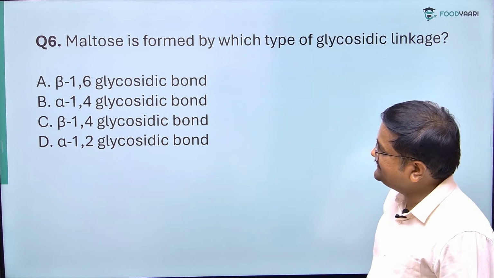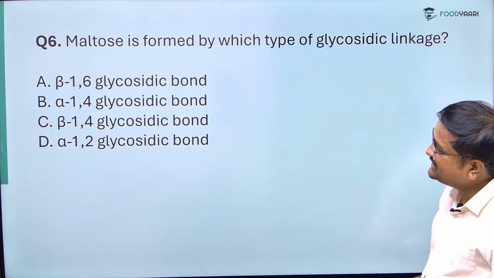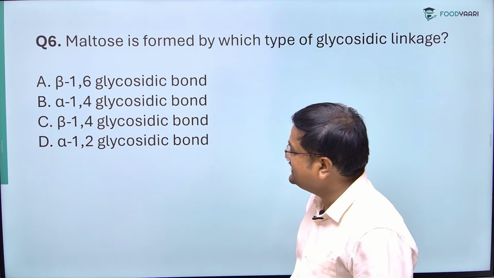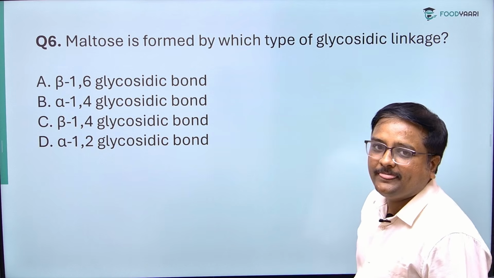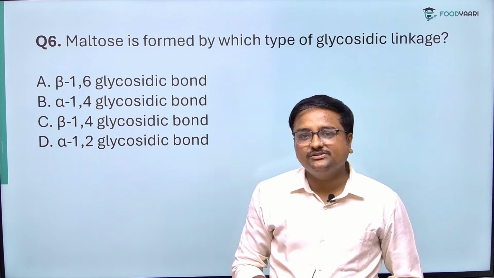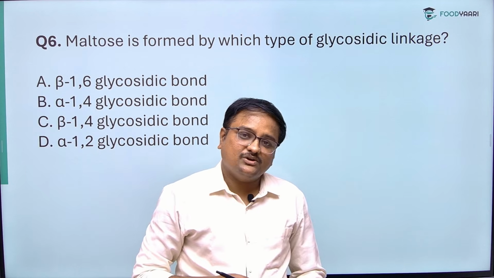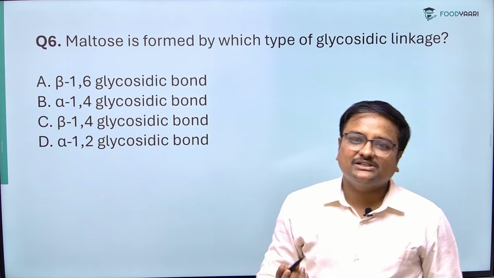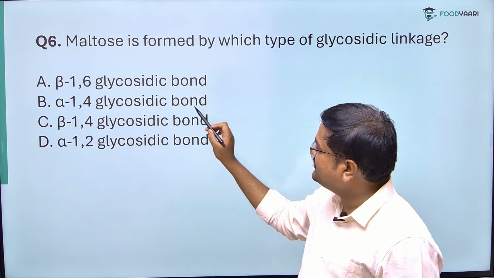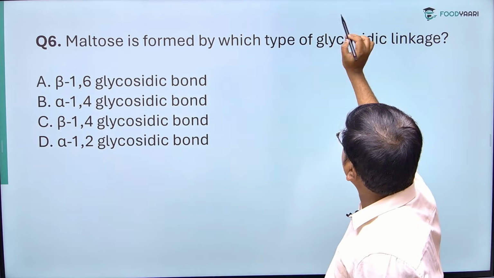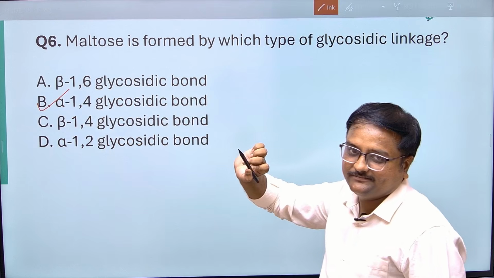Option B, alpha 1,4 glycosidic bond. Option C, beta 1,4 glycosidic bond. Option D, alpha 1,2 glycosidic bond. Maltose is composed of 2 glucose molecules, both aldehydic sugars, and they are bonded by the alpha 1,4 glycosidic linkage.